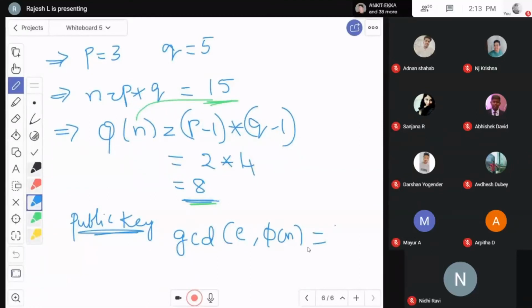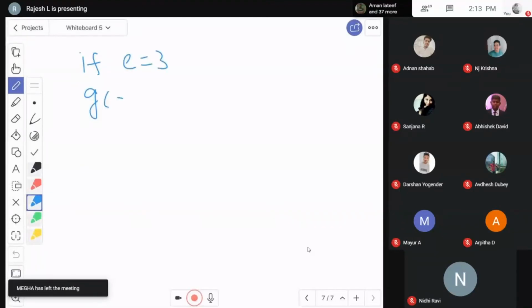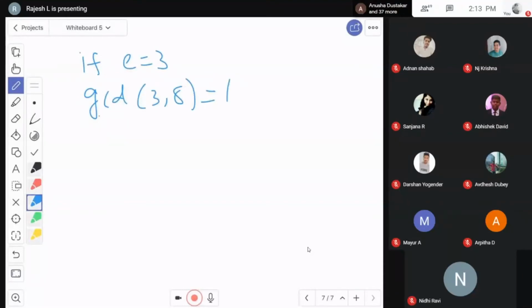It is possible for me to select E as 3 or 5 or 7. I'll select any one value for E. If I go with E equal to 3, GCD of 3 comma 8 is equal to 1.